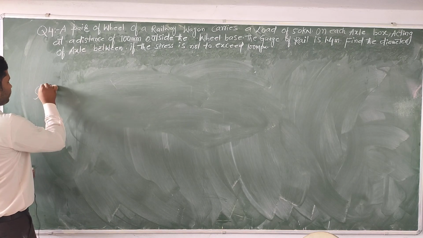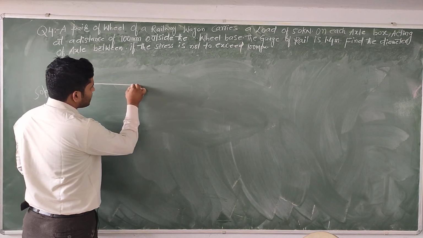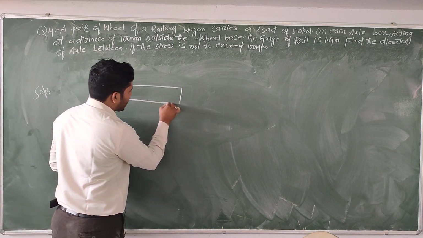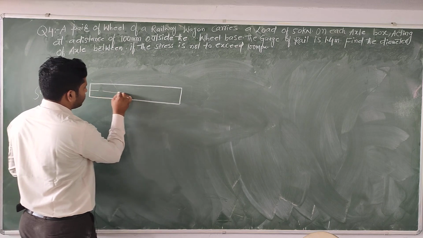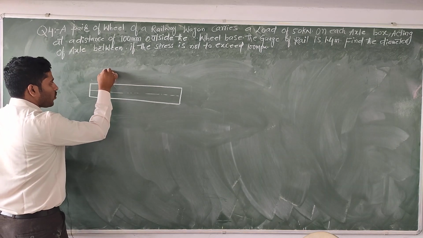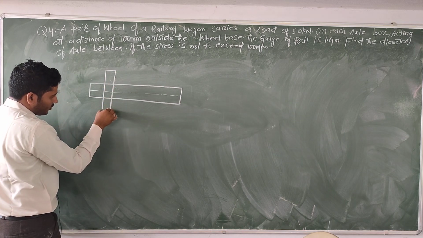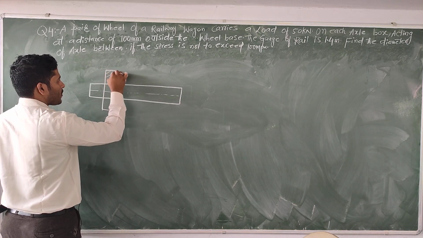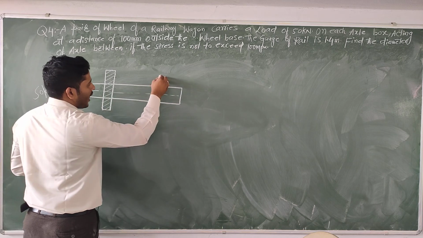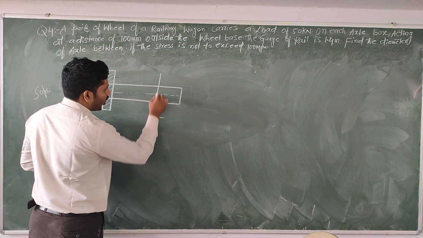So in this case, first we need to consider the axle. Here this is the first wheel of the rail and this is the second wheel of the rail.